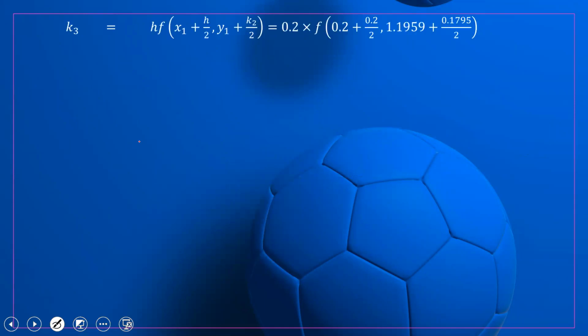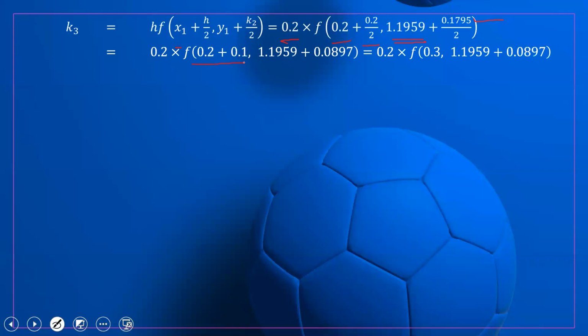Similarly, what is the value of k3? In the same manner we are able to calculate it. h is 0.2, f of x1 plus 0.2 upon 2, this is y1, and k2 divided by 2. So 0.2 into f of 0.2 plus 0.1, and the value for this part is 0.0897.